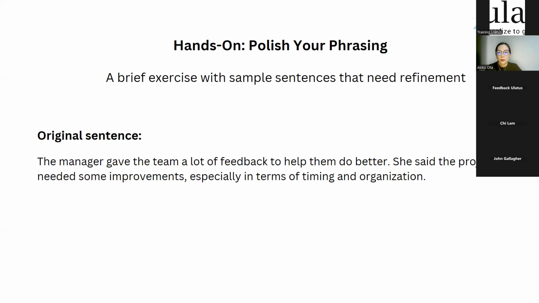Okay, so is it timing about deadline? You can interpret it as a deadline, and you can rephrase that portion as well instead of just timing, which is quite vague. Or another suggestion is time management.